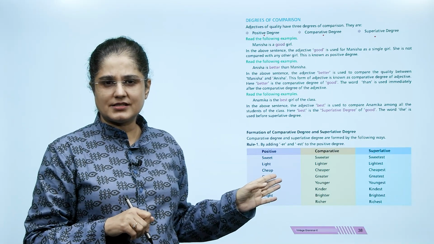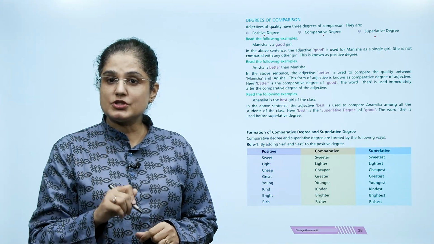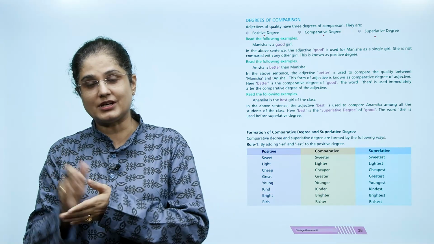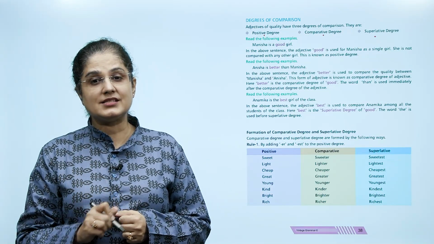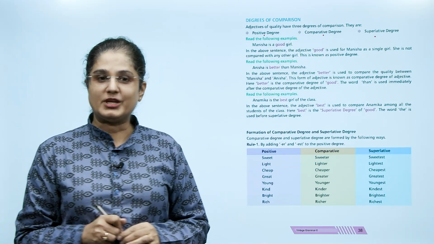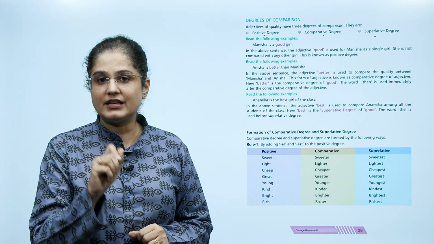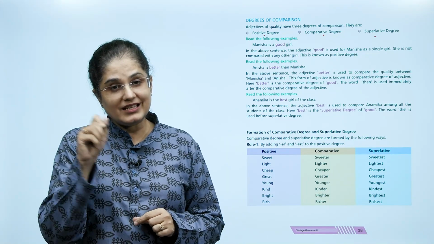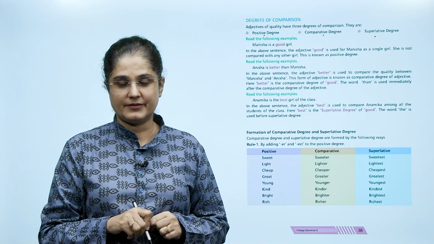In this sentence, the adjective better is used to compare the quality between Manisha and Anisha. So this form of adjective is known as comparative degree of adjective. Here, better is the comparative degree of good. The word than is used immediately after the comparative degree of the adjective.